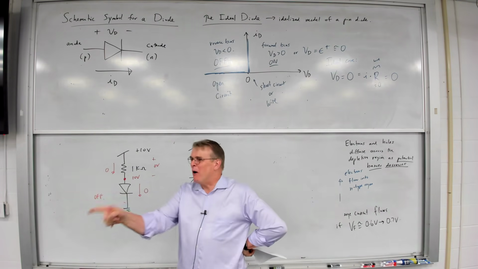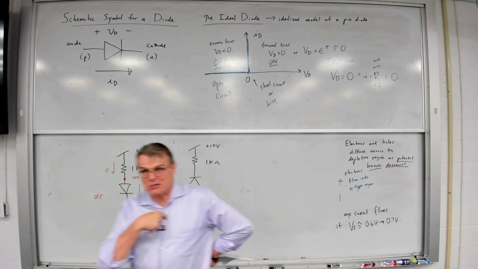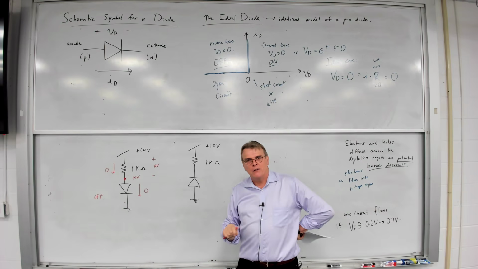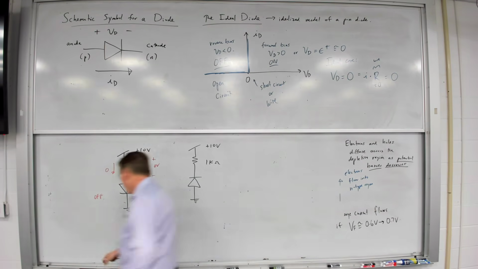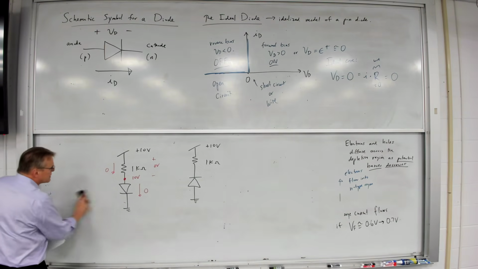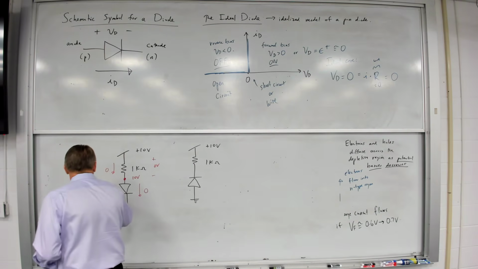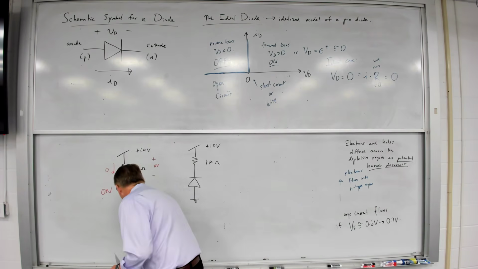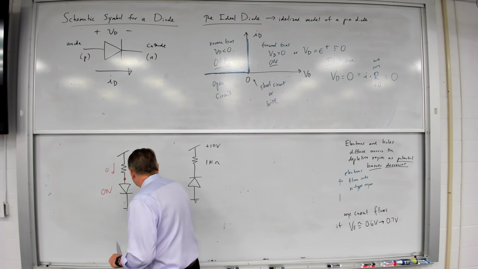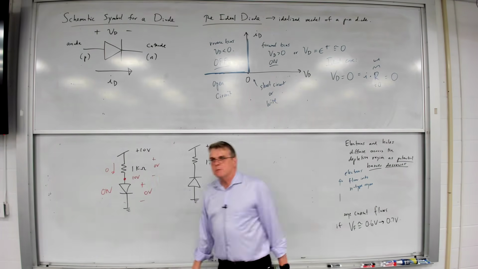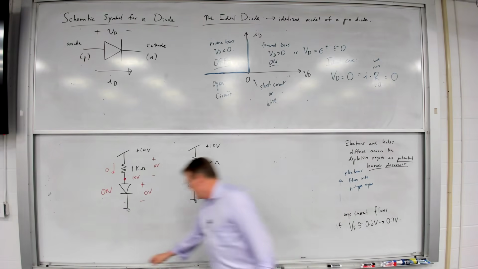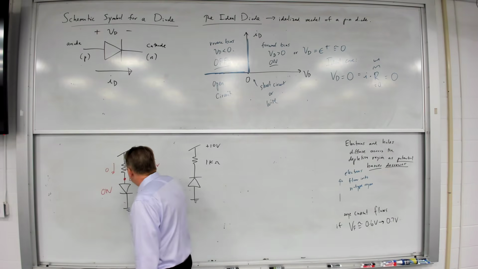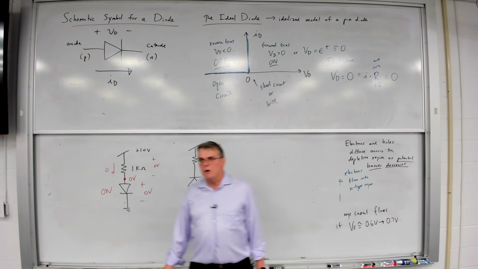Don't feel bad. We'll all be guessing. You guess and then you check your assumption, which is exactly what we did here. You guess wrong, but you check your assumption. It can't be off. It makes no sense. Therefore, it must be on. And if it is on, the voltage across that diode must be 0 volts, and therefore the voltage at this node is 0 volts.